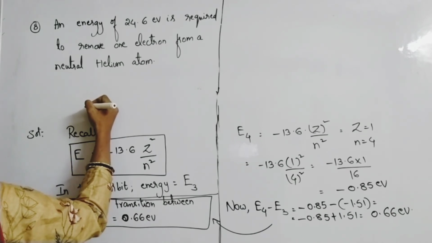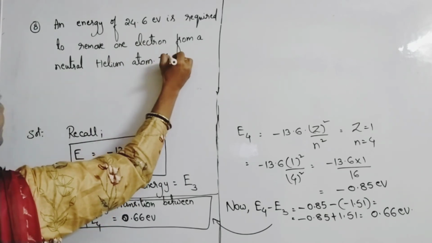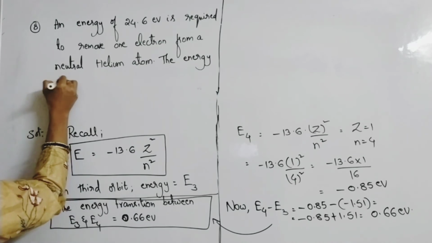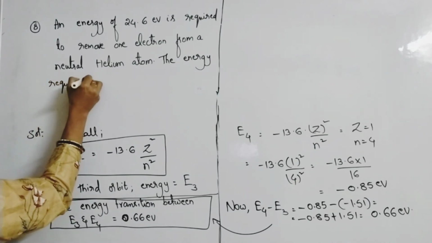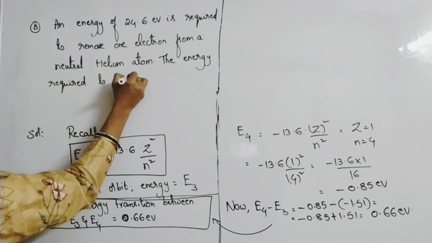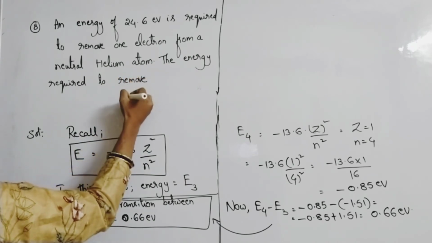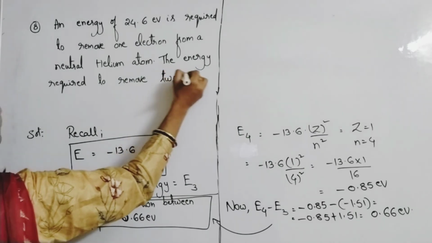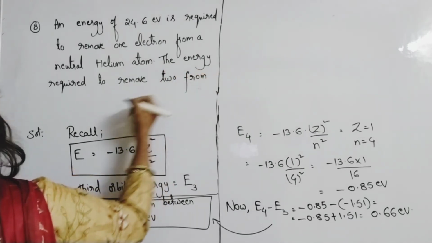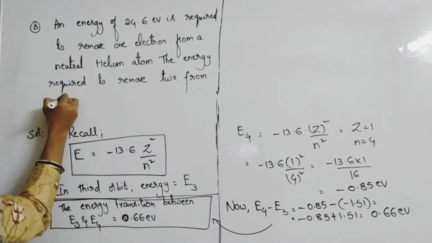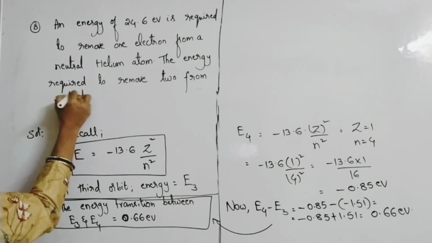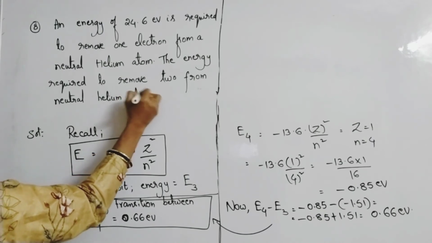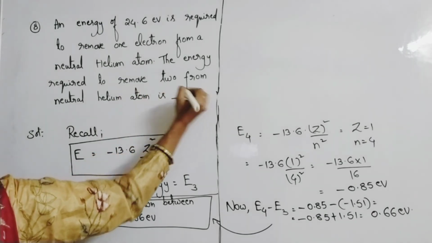The energy required to remove 2 electrons from a neutral helium atom is... That is your question.